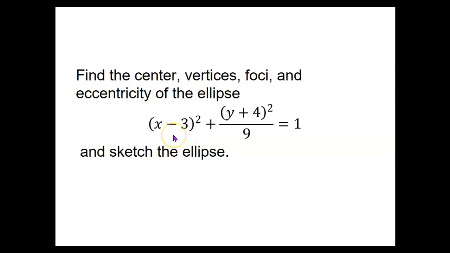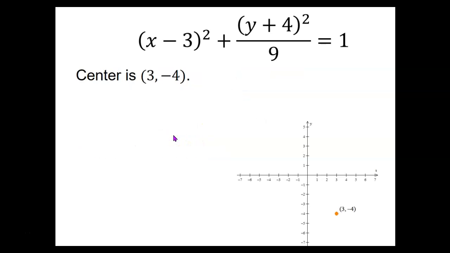So we can pretend there's a 1 down there. So first of all, the center of this ellipse would have to be at the point where x is 3 and y is negative 4. Okay, that gives us a reference point. Everything else is going to be relative to that center point at (3, negative 4).